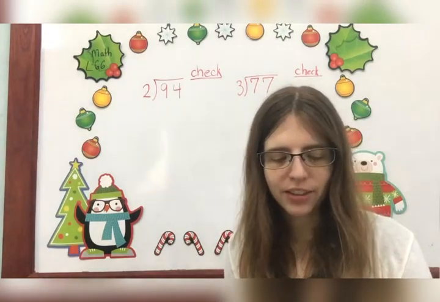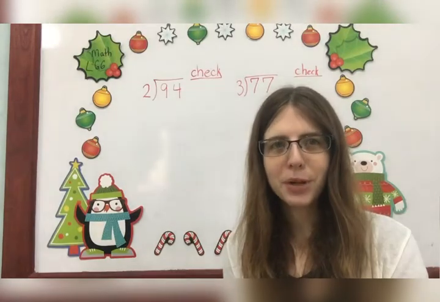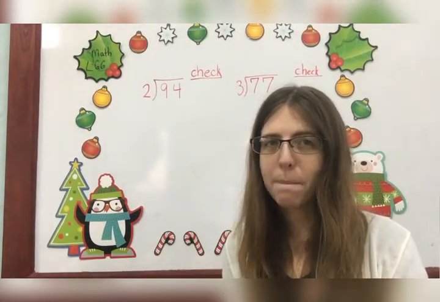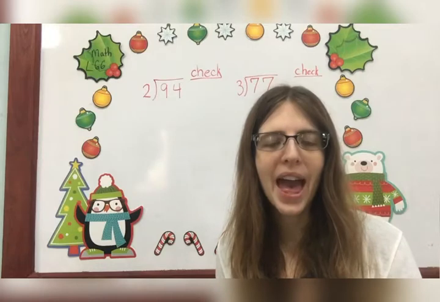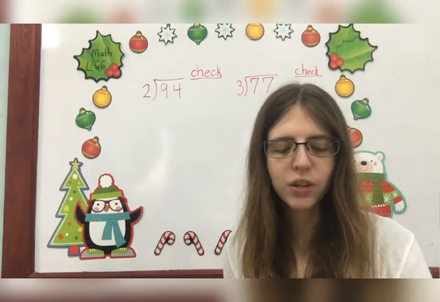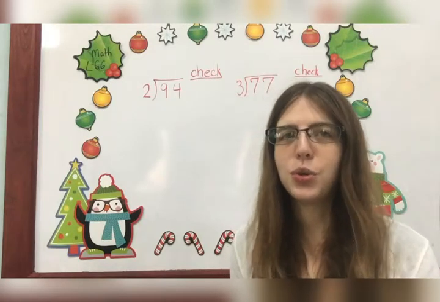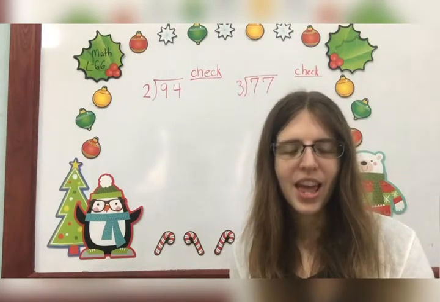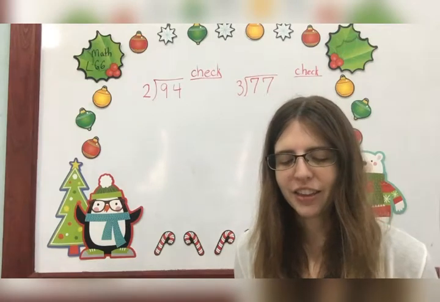Say that with me, starting with the bushel. 1 bushel equals 4 pecks. 1 peck equals 8 quarts. 1 quart equals 2 pints. Very good.